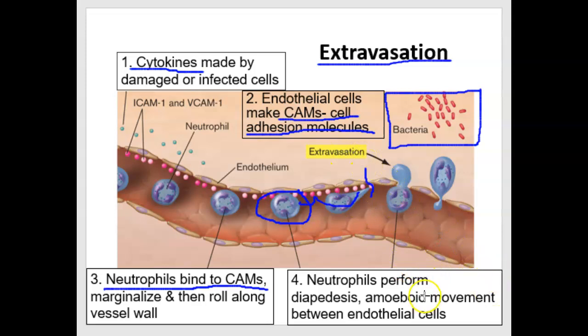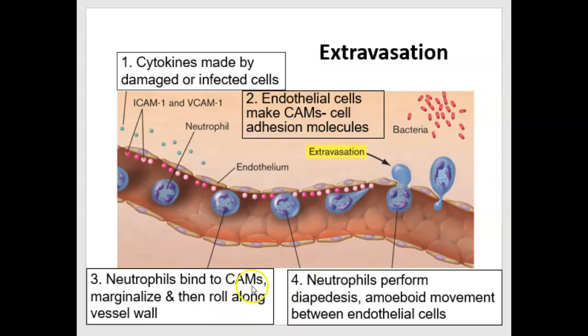And when they squeeze through the endothelial cells, that process is actually called diapedesis. And by an amoeboid-like movement, they leave the blood vessel and are attracted to the damaged tissue. So a little bit more information, the cell adhesion molecules in particular.